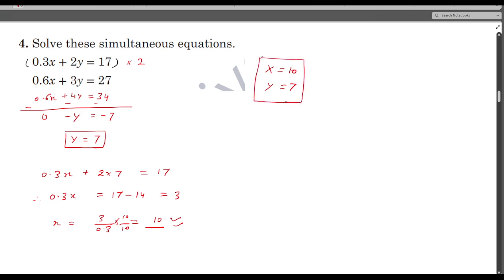And you can check whether these answers are correct or not by substituting this x and y value in your original equations. Now question number 5. So first, part A of question number 5 is you have to simplify an expression, which is x minus 3 the whole square times 3x plus 1.